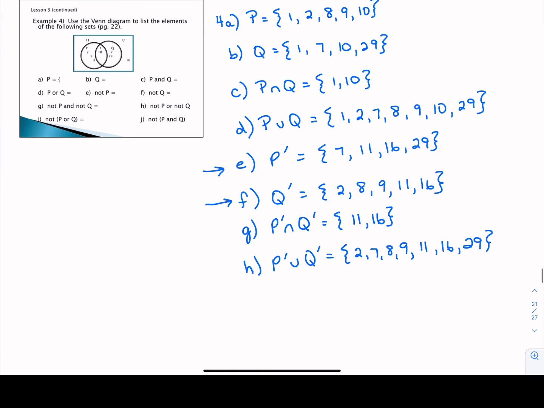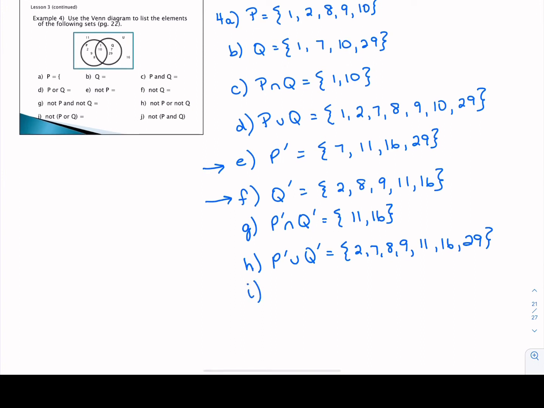So with part I, it says what is not P or Q. So if we have P or Q and we say not those things, sometimes it's easier just to highlight. So what I'm going to highlight is P or Q. So if it's in P or if it's in Q, it's going to be highlighted.